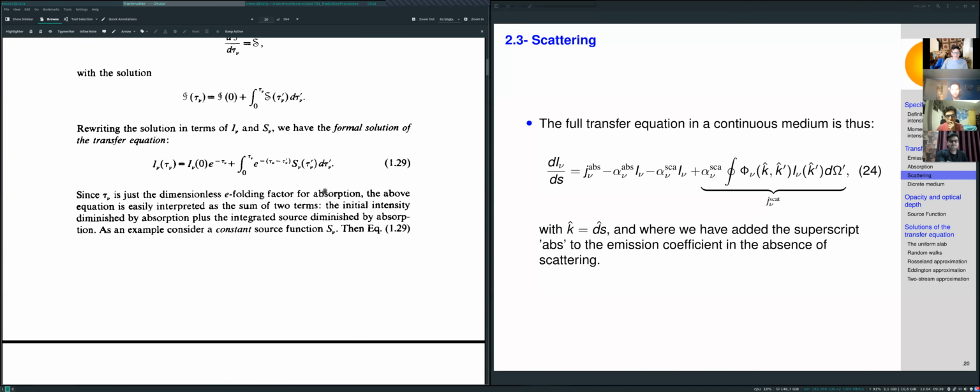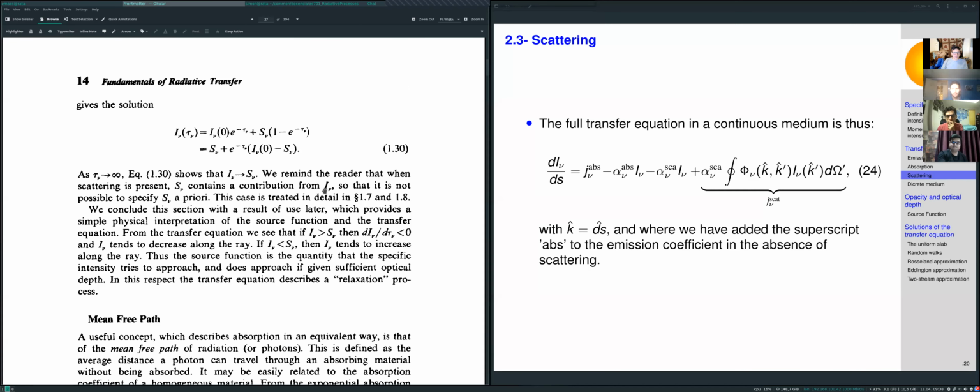Thanks for insisting on this last point. I think it's a very important one. We'll see shortly that the source function is the Planck function in the case of thermal interactions. We don't always get thermal interactions. For instance, synchrotron radiation is non-thermal, and the source function is not the black body law.